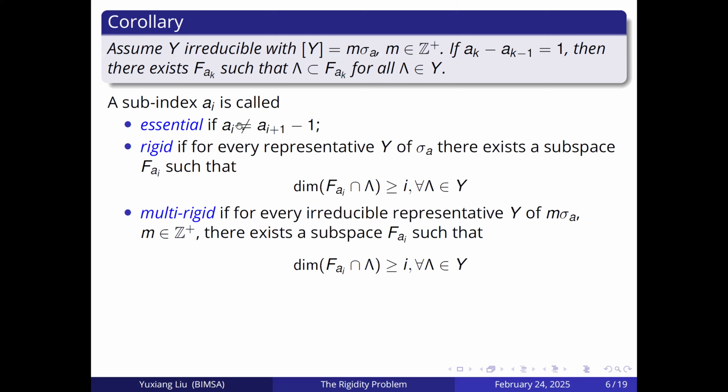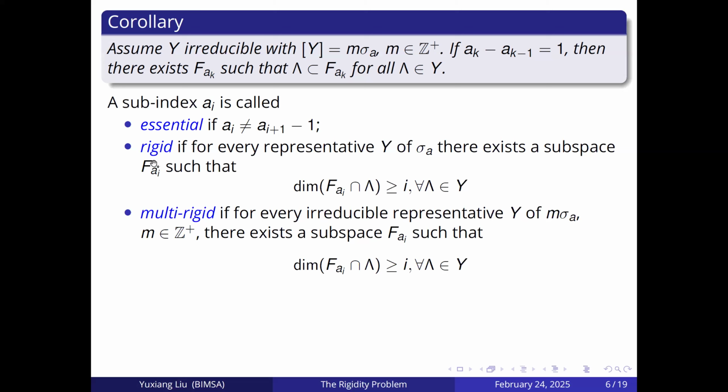If a subindex is not essential, that just means we can safely ignore the inequalities involving F_{a_i} in the definition of Schubert varieties, and that would result in the same locus. And in particular, the largest subindex a_k is always essential.